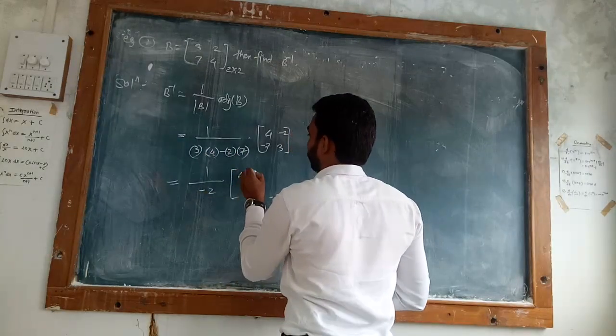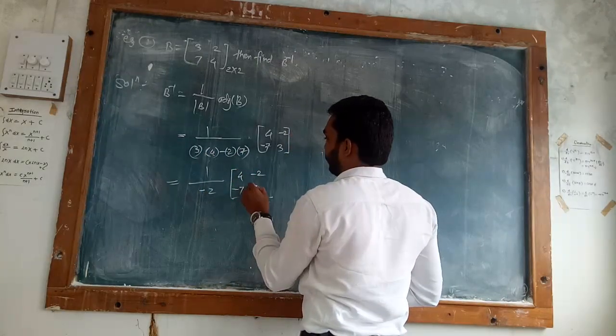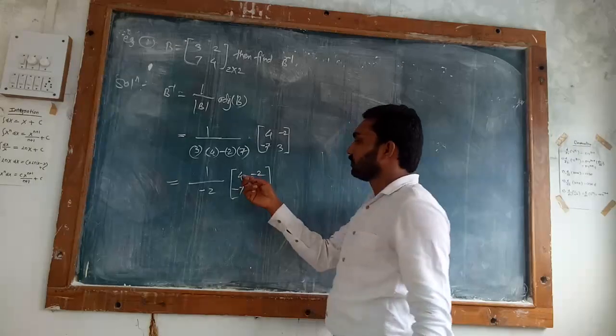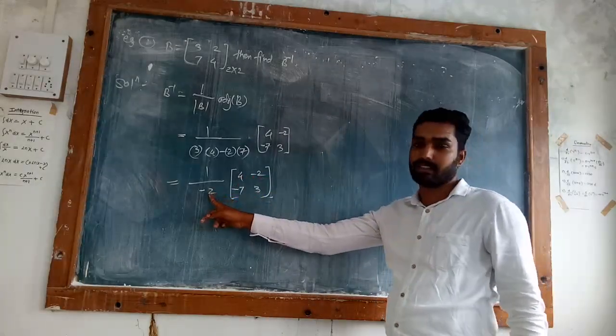This is [4 minus 2; minus 7 3]. So divide each entry by minus 2.